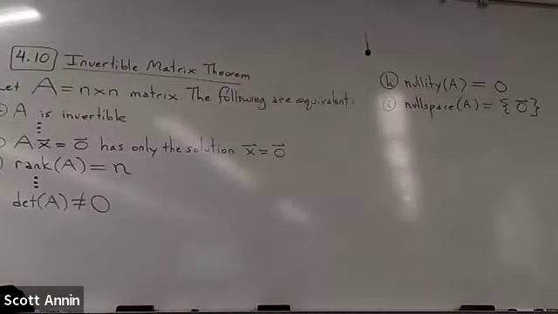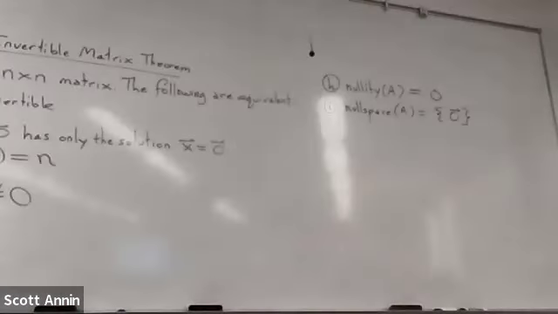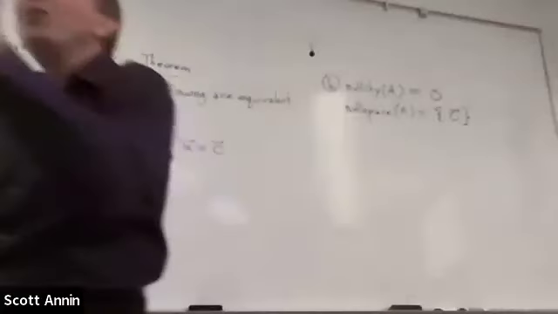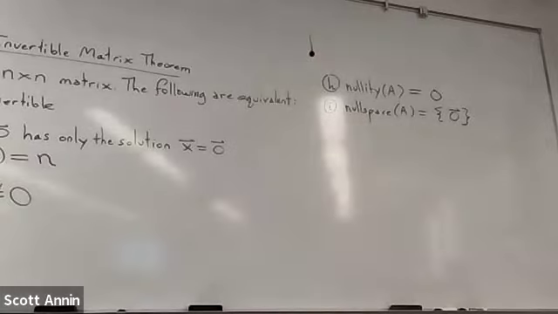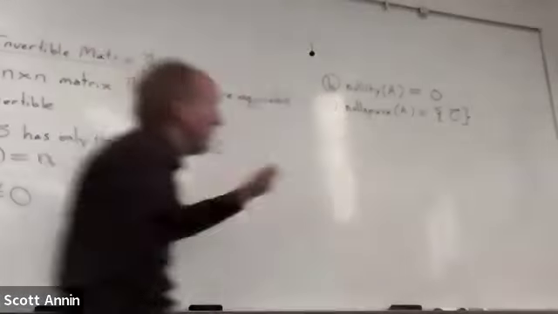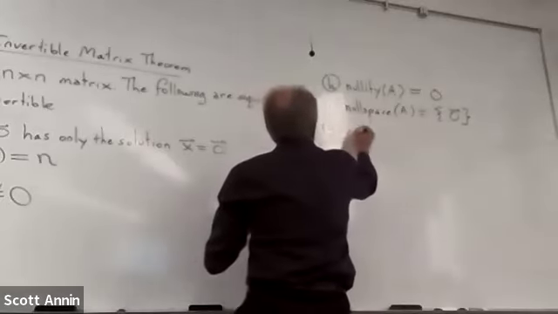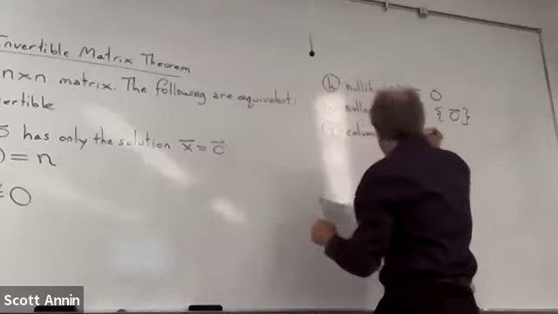There's nothing more to it than just the 0 vector itself. Does that make sense? So if A is invertible, it has a tiny null space, as small as it could possibly be. Just literally 0. Okay, let's keep going here. The next statement, J, is about the columns of the matrix A.